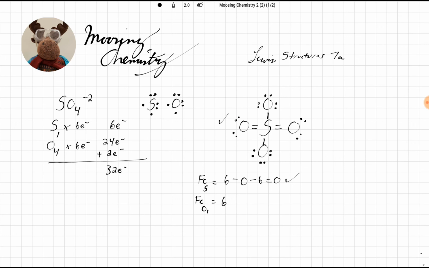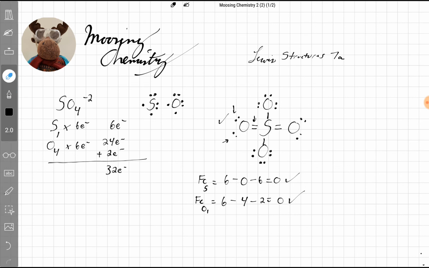So oxygen came in with 6 valence electrons, minus 4 non-bonding electrons, that's these right there, minus 2 bonding pair. Oh, look at that. That's also 0. So that's what we want. That's great.